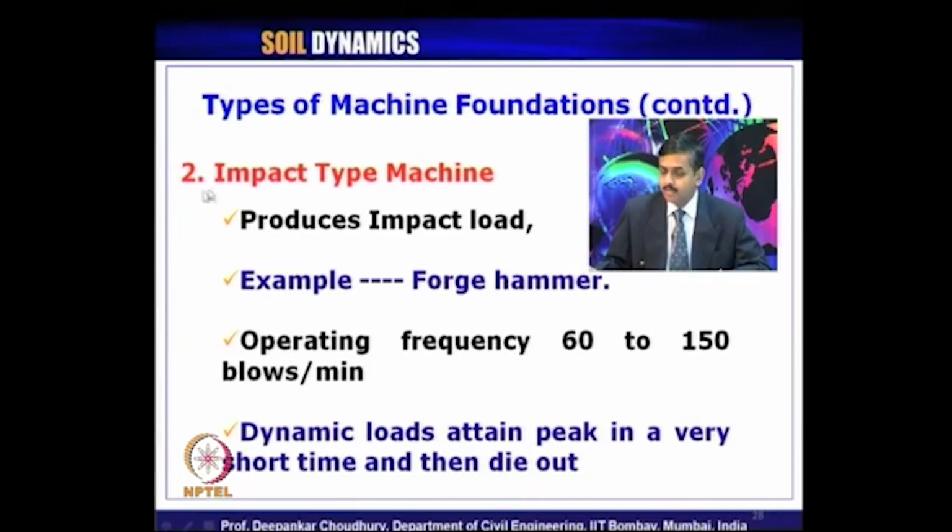And as we know about the characteristics of impact load, dynamic loads attain peak value in a very short time and then die out. That is the characteristic of impact load that we already know. So, obviously, the same type of load, impact load, will act on these impact type of machines, as the name suggests.